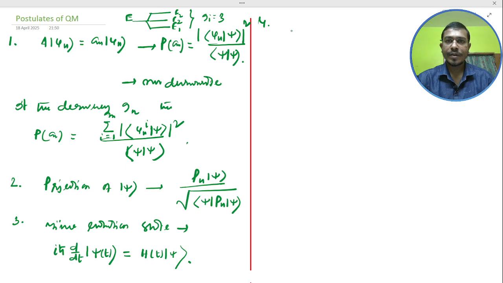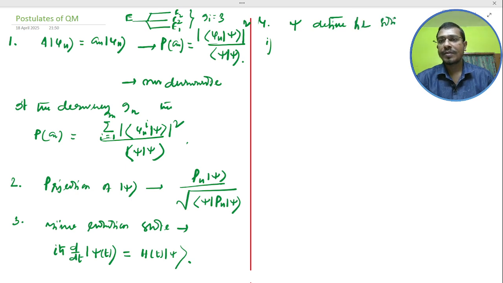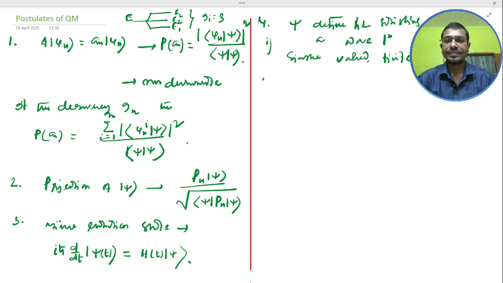Number 4, the conditions defined for psi to satisfy as a wave function. First, single valued and finite. Number 2, continuous.